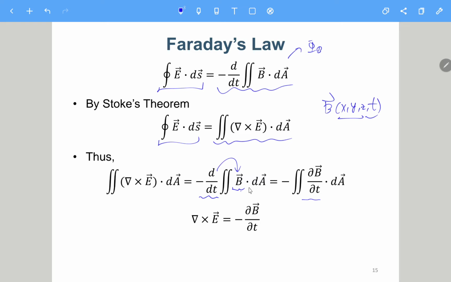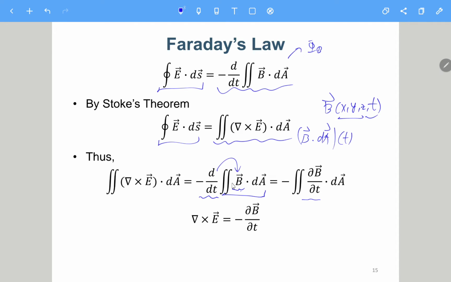But if we already take the inner product, after taking this inner product, B dot dA should only be something related to time, because once it is dotted with dA it becomes a scalar, and this scalar should only relate to the time, because the position information is already absorbed by this dot product and summation.